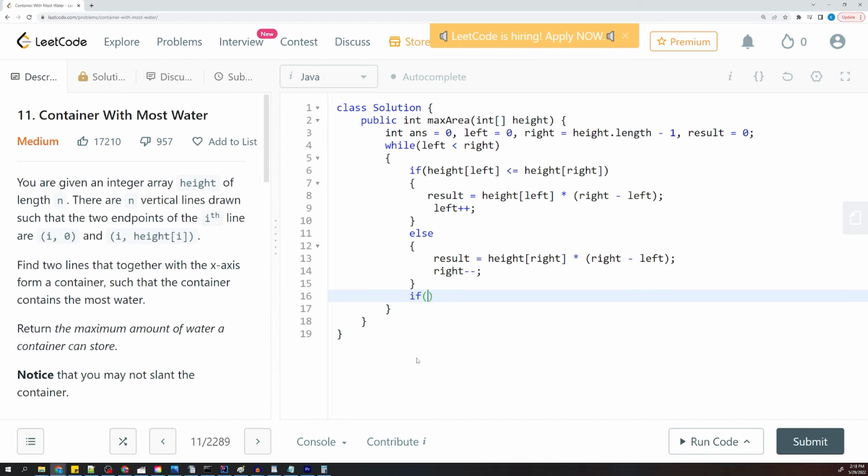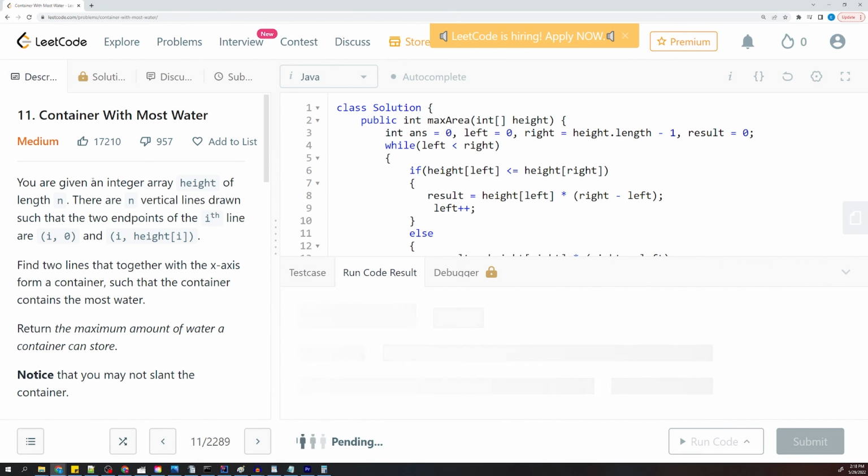If the result is greater than our current running answer, then we set answer equal to that result. And then right here, we're just going to return answer.